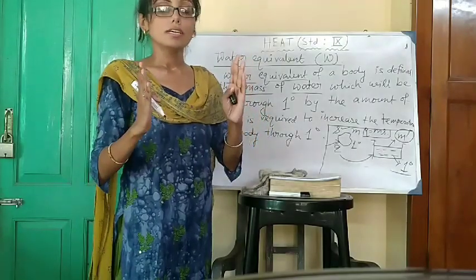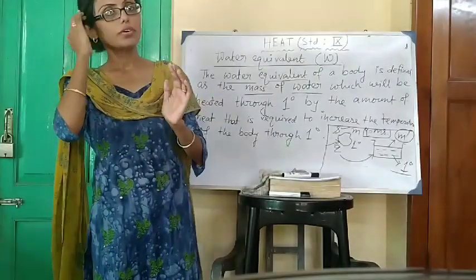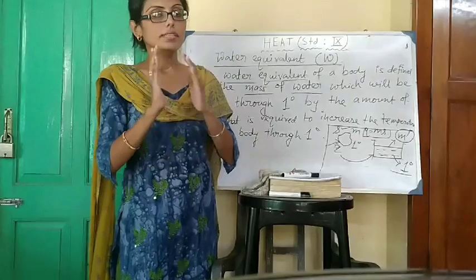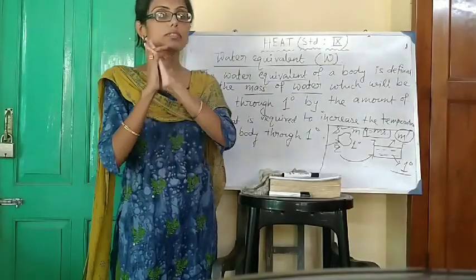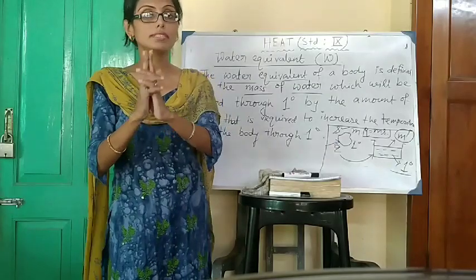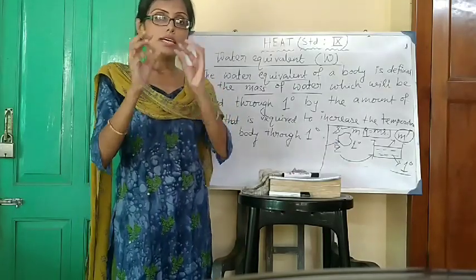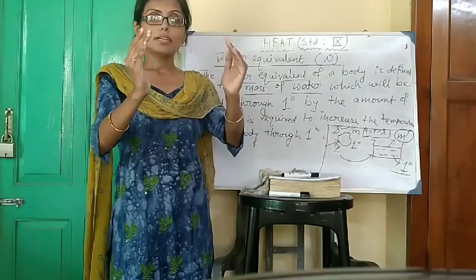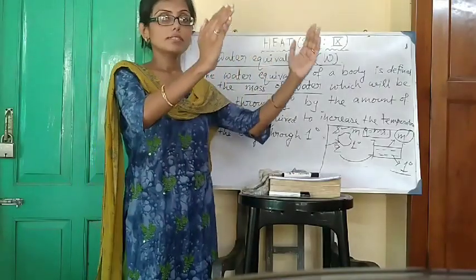Okay, so what is water equivalent? At first we are supplying some amount of heat to the body of any arbitrary mass. The increase in temperature of the body is 1 degree. According to the definition of thermal capacity, the amount of heat is nothing but ms. Suppose the heat is Q. Q is supplied to the body, increase in temperature of the body is 1 degree, mass of the body is arbitrary.